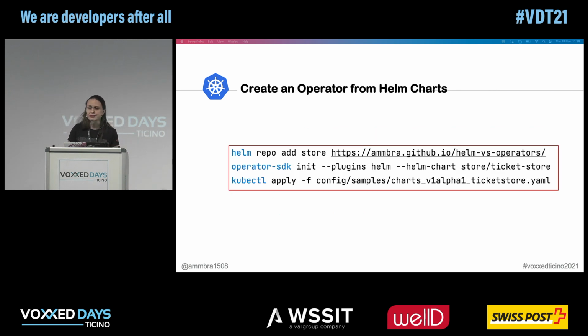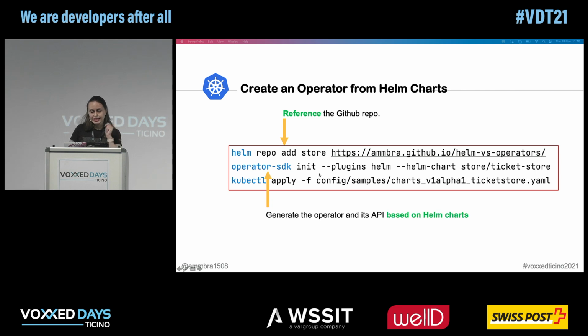Now, creating an operator from Helm charts is easier too. Next step is you reference the GitHub repo. You can try this on your own as well. And I give it the name store because it seemed okay with me. Then I did operator-sdk init.